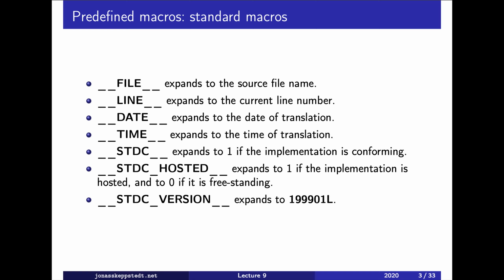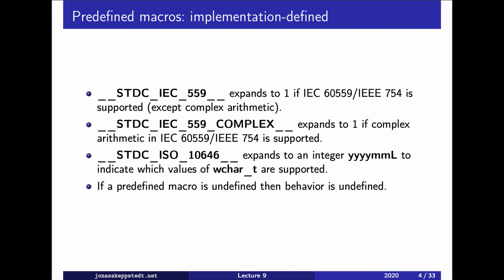So we can use conditional compilation to see if we are allowed to use such library calls or not. These are implementation defined, whether they are defined and expand to 1.